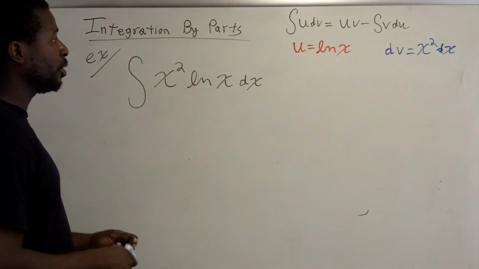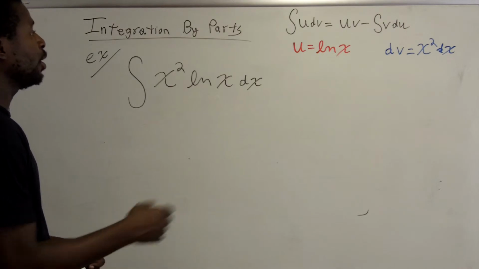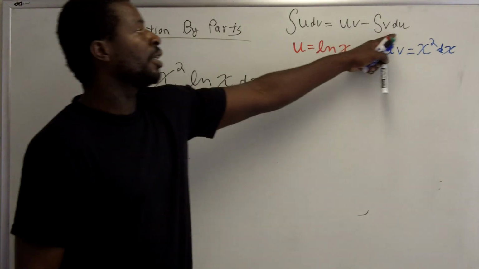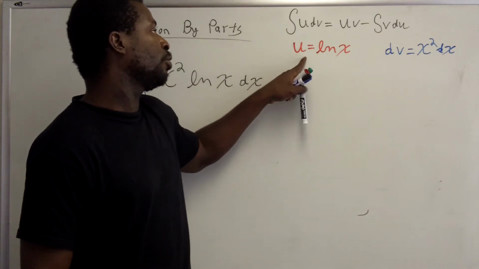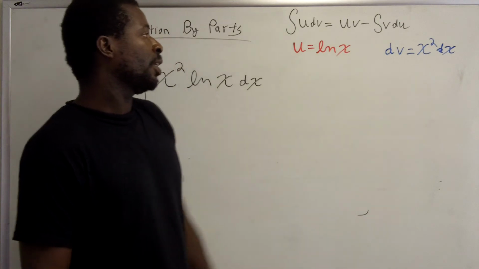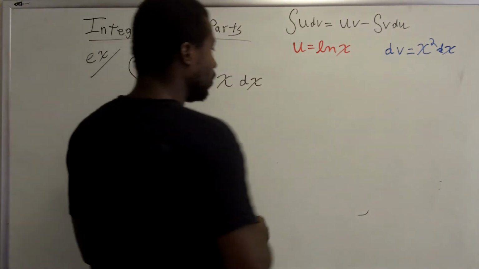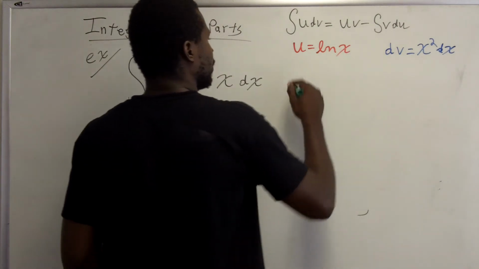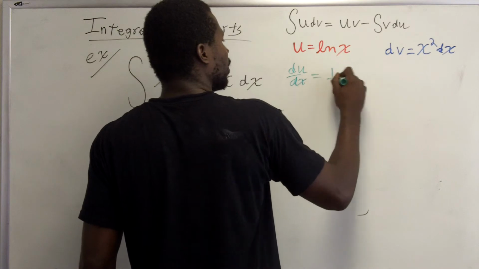So now I am going to go ahead and find all the other parts I need for this theorem. The other parts that I need are the derivative, or the differential, of u, and I need to find the integral of dv, that is v. So du over dx will equal 1 over x.